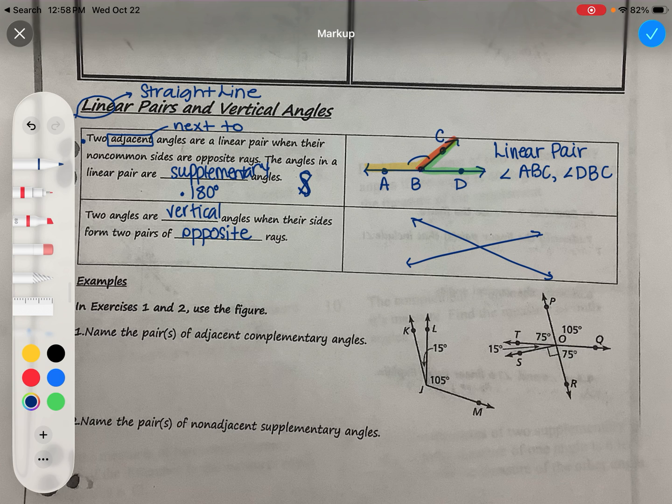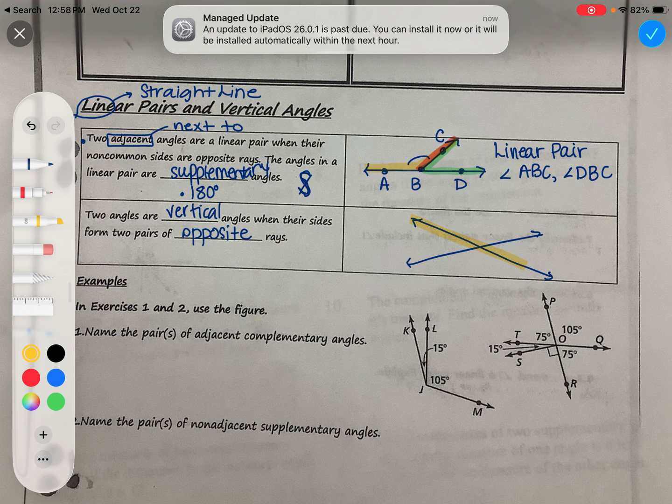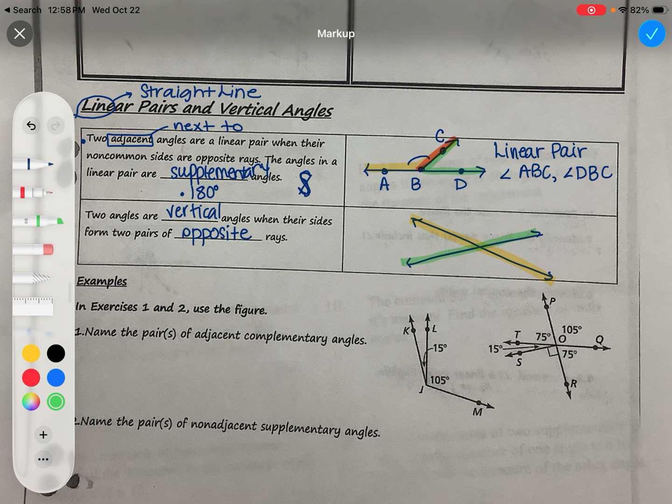And then I want you to know that the line always has to be straight. So let's say I have that line and this line here. Those 2 lines have to always be straight, and then you form your vertical angles.